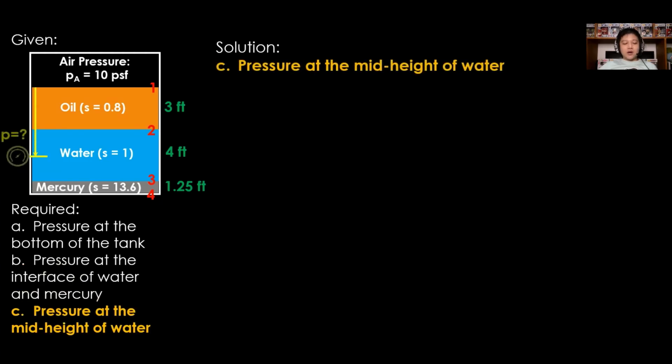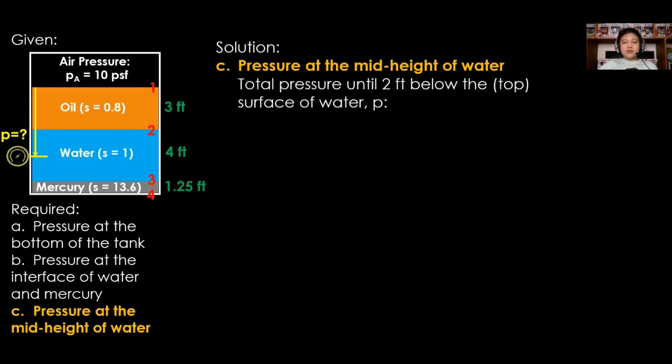And for the last requirement, so at the mid-height of water, so the total pressure is until 2 feet below the top surface of water. Because again, this is at the mid-height of water.